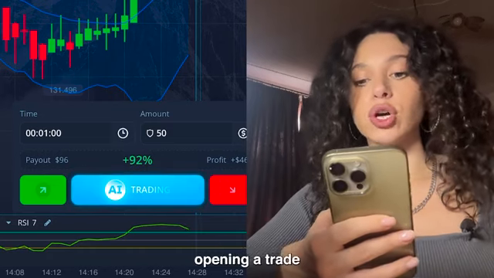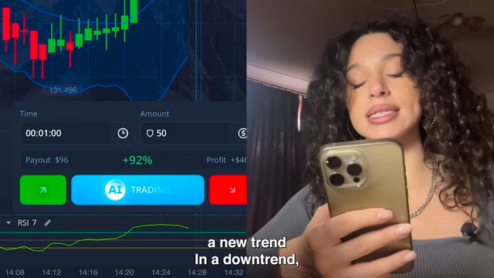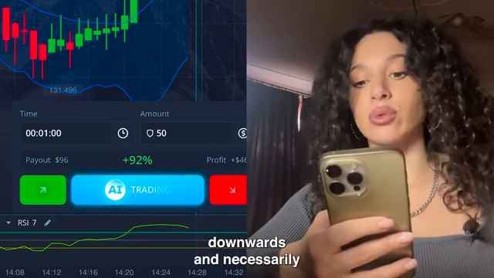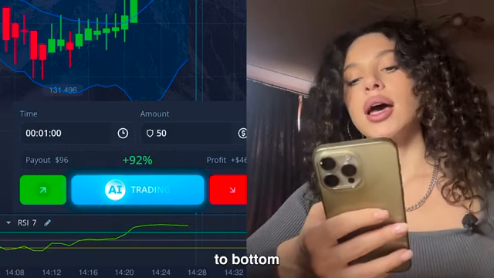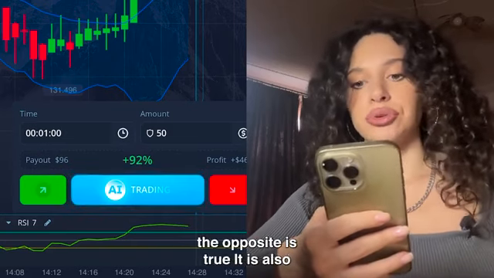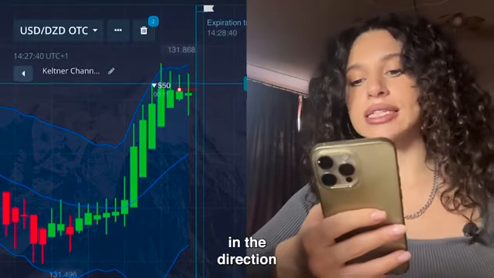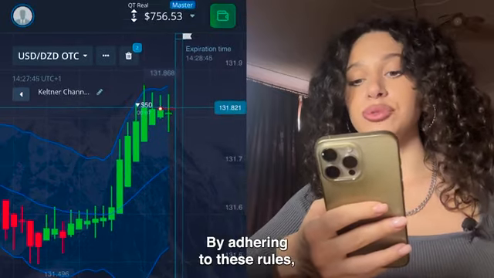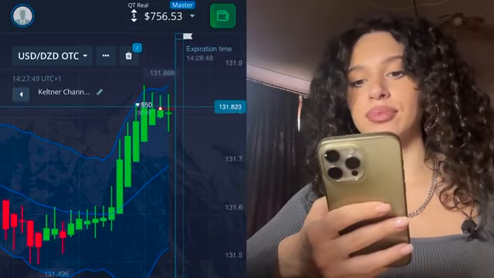It's important before opening a trade that the line of the RSI indicator has a direction towards a new trend. In a downtrend, the line should be directed downwards and necessarily cross the 70 level from top to bottom. In an uptrend, the opposite is true. It's also important that at least a few candlesticks close in the direction of the new trend on the price chart. By adhering to these rules, you will reduce the percentage of unprofitable trades to a minimum.